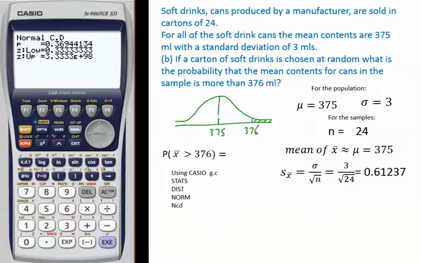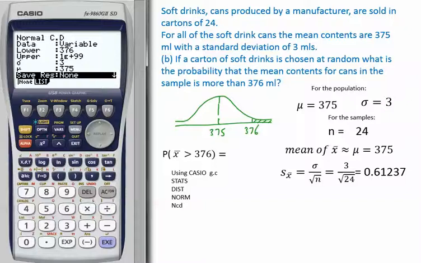We're going to use our graphics calculator again. Let's go back and fill these things in correctly. Yes, it's variable. This time the lower is 376, that is correct, upper is still the same, E99.